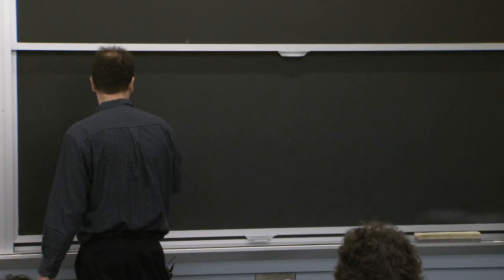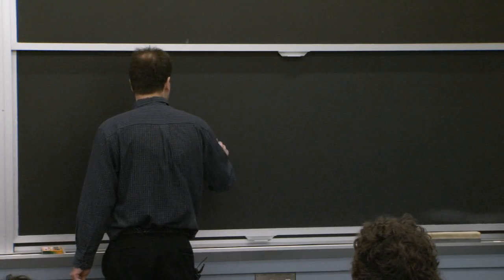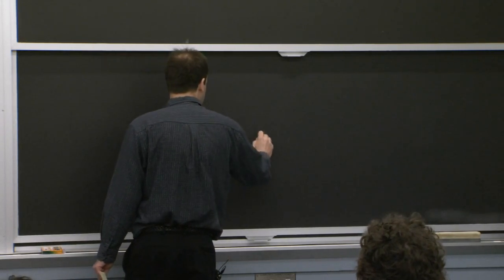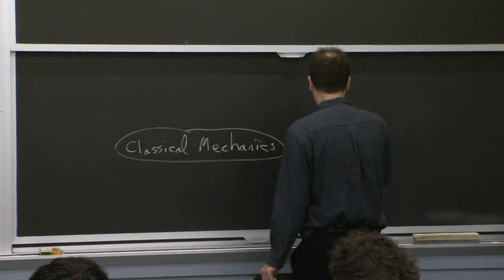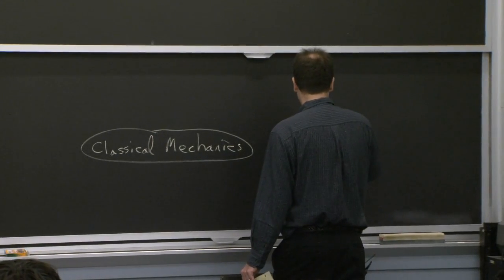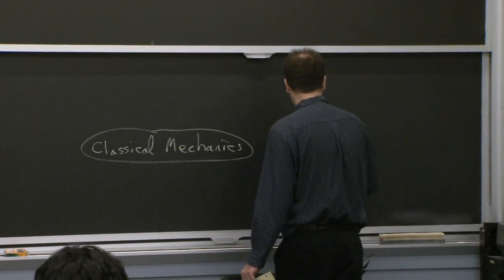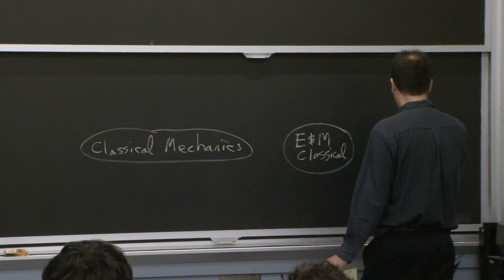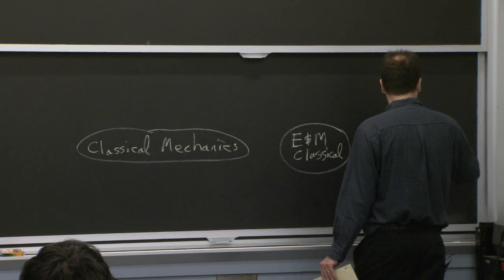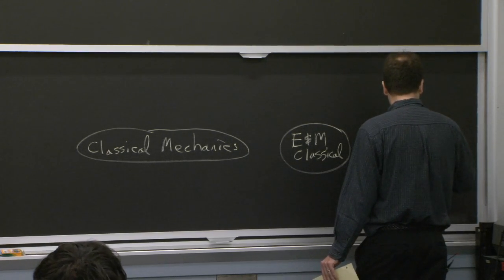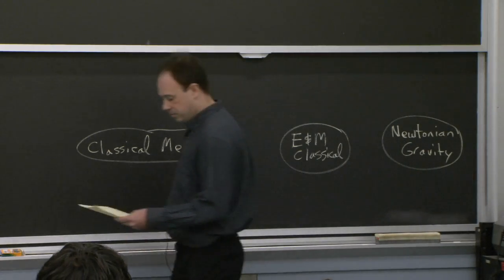You start out as a freshman, you learn classical mechanics. You learn E&M, classical E&M. You learn Newtonian gravity. These things are your starting point, and then you build on them.